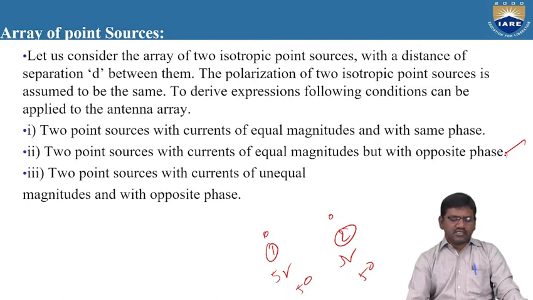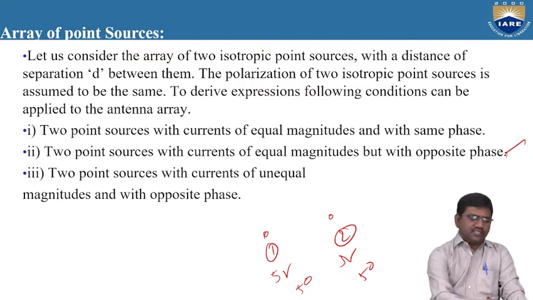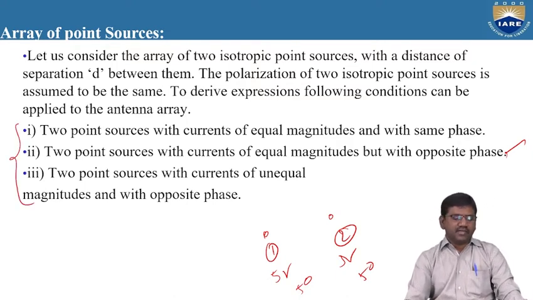Third, 2 point sources with currents of unequal magnitudes and with opposite phase. Let us see these 3 different cases, and the radiation pattern for each. Let us see the first case first.